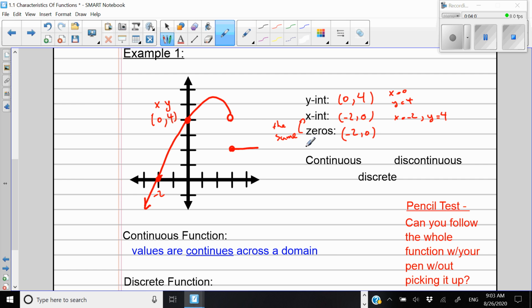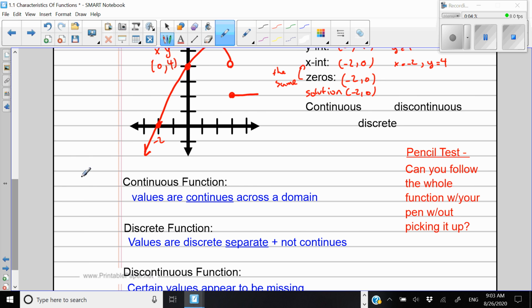It has another name also, which is called solution. So if I ask you, what is the solution of this graph? What is the zero of this graph? What is the x-intercept of this graph? You're going to say (-2, 0) for all of them. They're all the same.